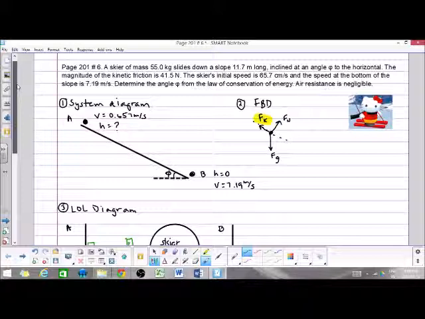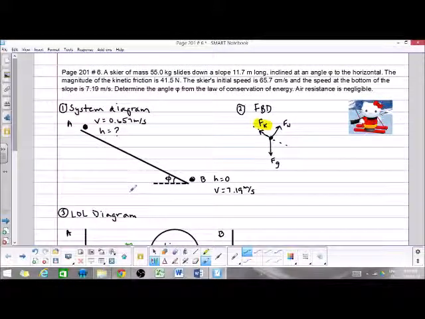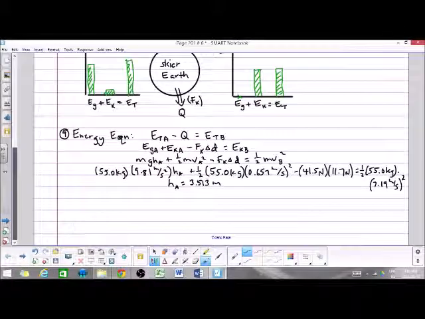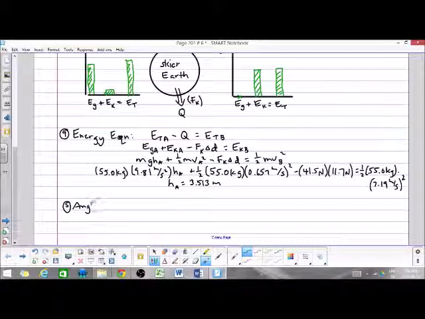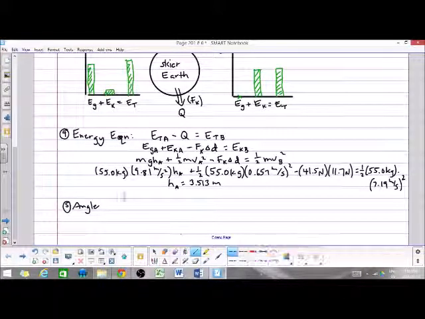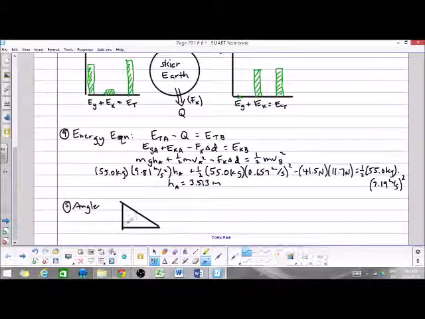Now, what good is that to us? We were asked in the beginning to determine the angle phi here for the slope of the incline. So now we know the length of the incline, we know the height, so it's just a trig ratio to figure out the angle.